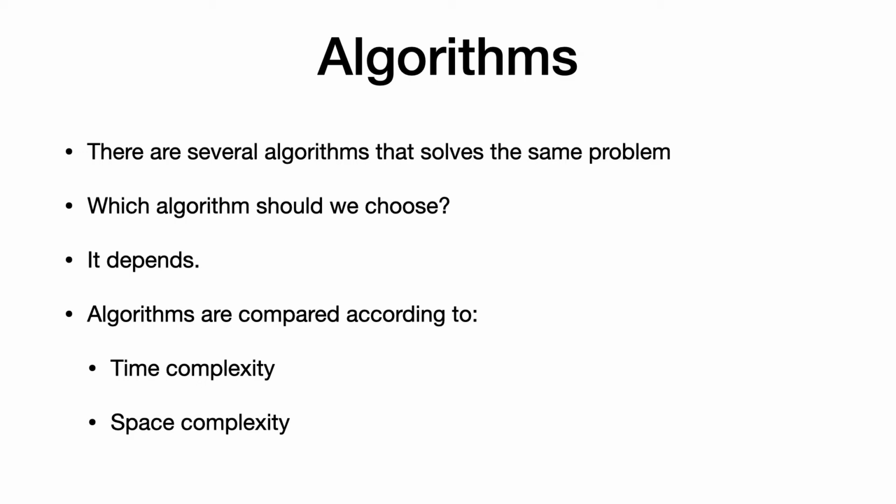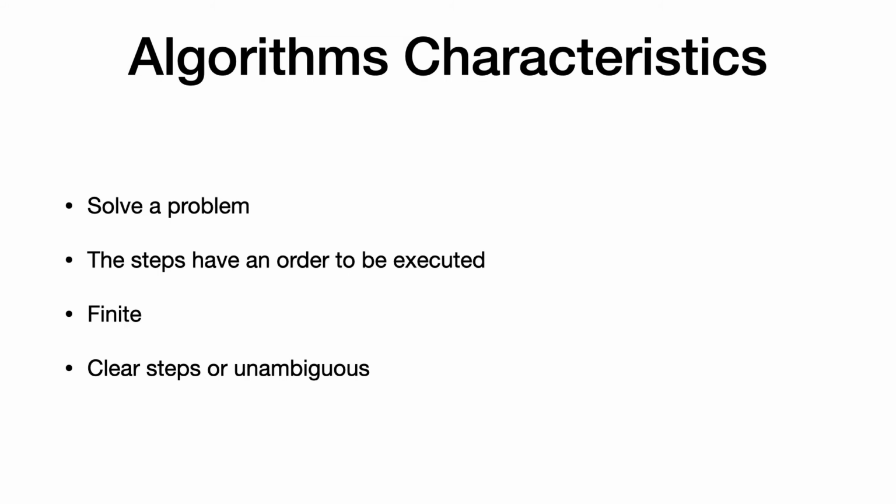Basically, these two are the main criteria that one has to follow when we want to choose one algorithm among several others. Time complexity refers to the amount of time that the algorithm needs to be executed and give the result, and space complexity refers to the amount of memory that the algorithm needs to be executed and give you the result.